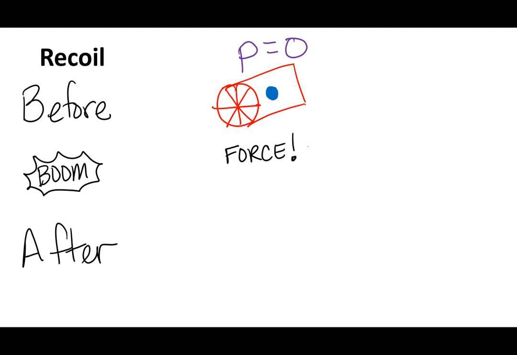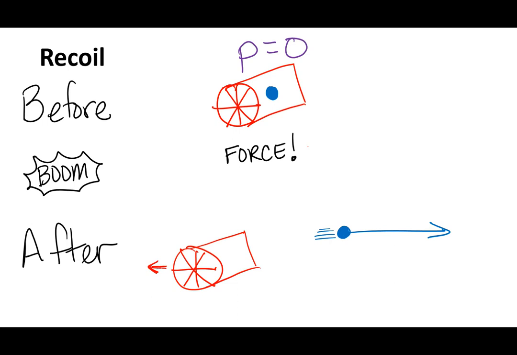Those forces are equal and opposite. Therefore, the cannonball goes flying forward with a large velocity. The cannon goes backwards with a small velocity.